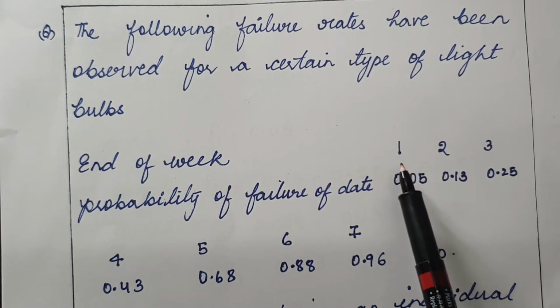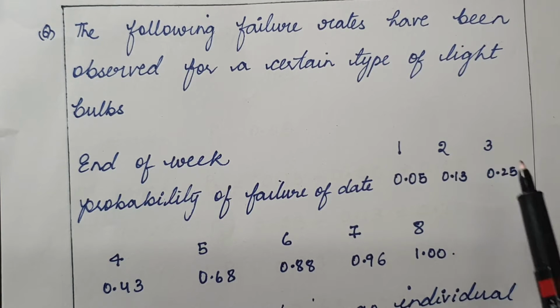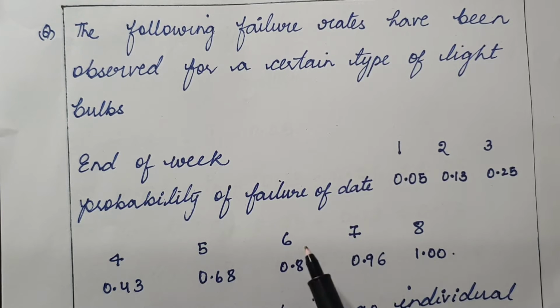See, probability is for one this, for second this, for third this, fourth this, and fifth 0.68, for sixth 0.88, for seventh 0.96, for eighth 1.